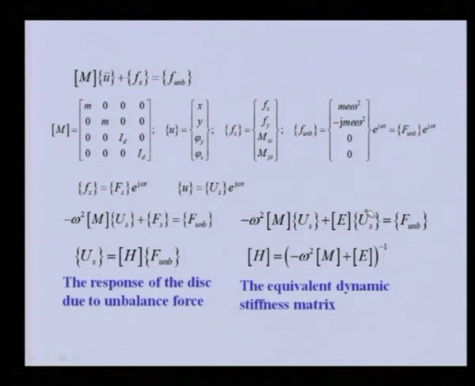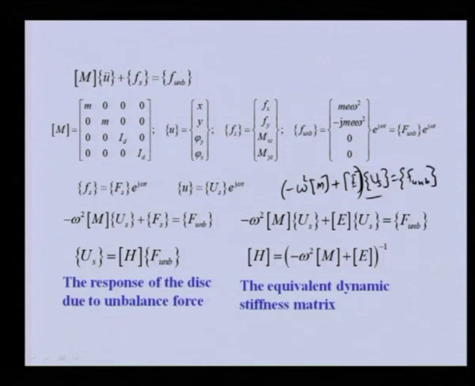Now you can see the U vector is in both terms, so we can take that as common. Basically we can write this as minus omega square M plus E, times Us, equal to the unbalanced force.